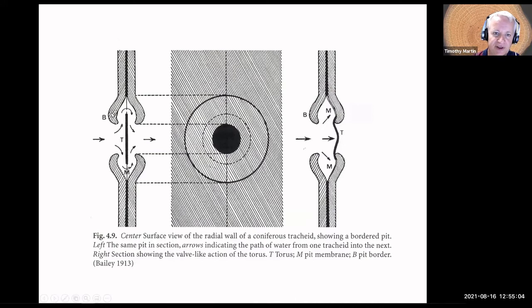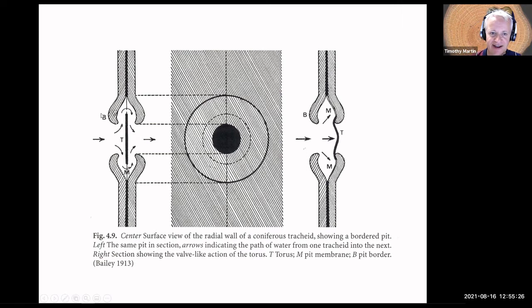So this is a view, the cross section of the cell wall. If you had a tracheid like this, which is like a tube, and we cut open and opened up the cell wall, and you looked at the edge of the cell wall, this is what one of those pits would look like from the side.